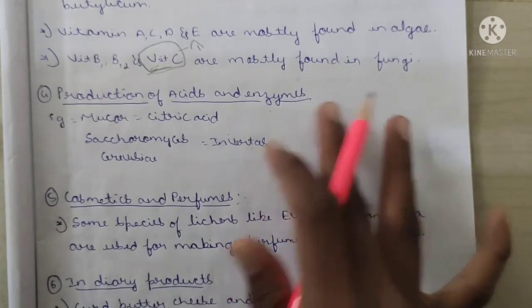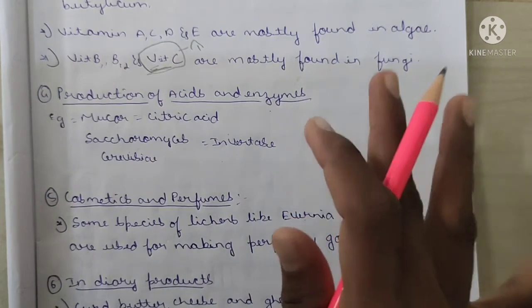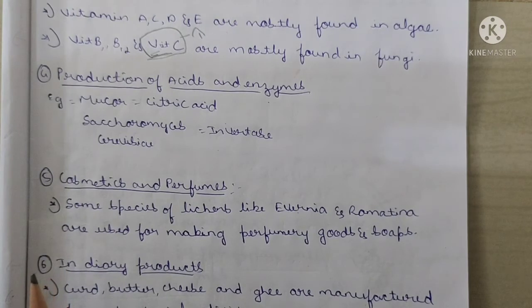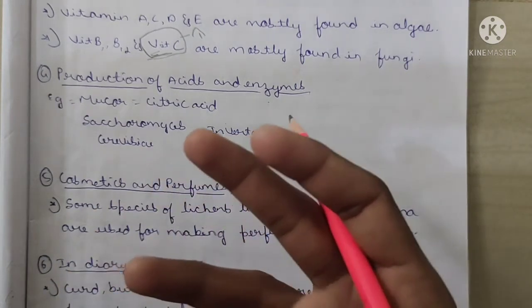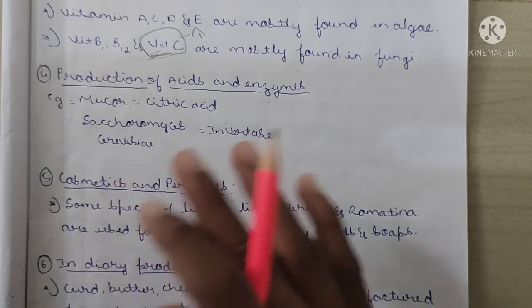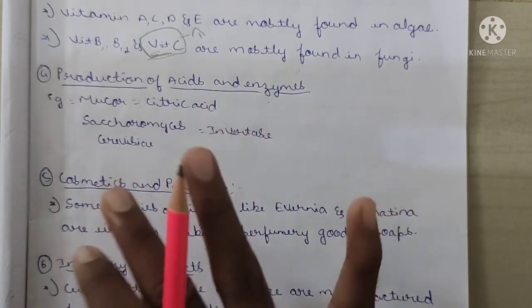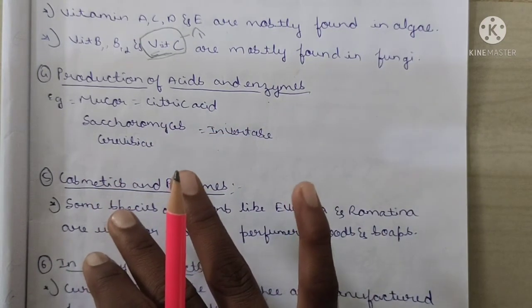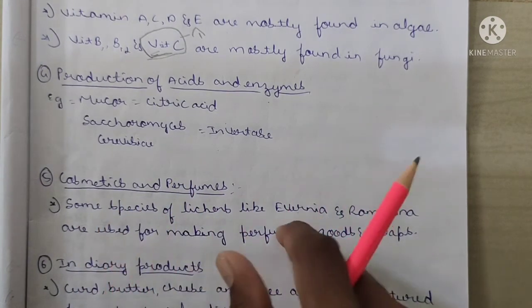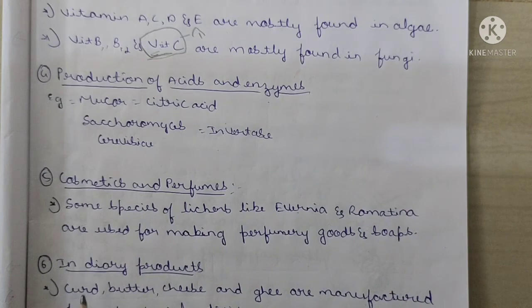These are manufactured with the help of these microorganisms. Some species of lichens like Evernia and Rocella are used for making perfumery goods and soaps. You observe the smelly nature, the soapy nature, and in soaps you observe the beautiful, lovely smells. That's because of these microorganisms, primarily Evernia and Roccella.